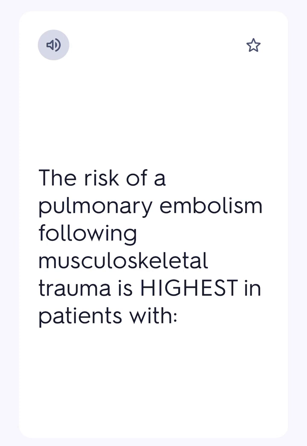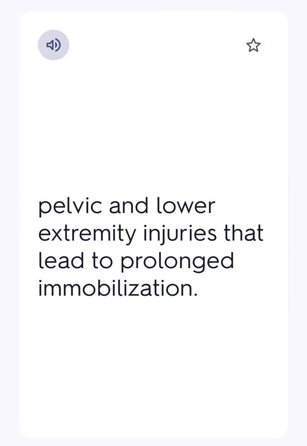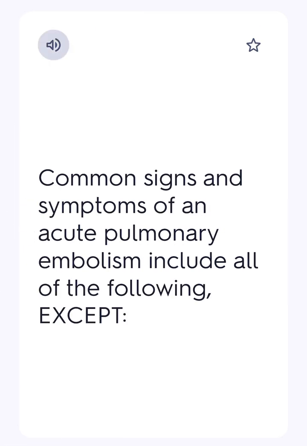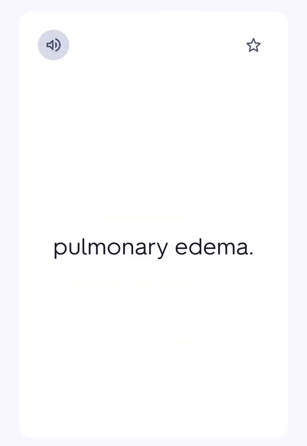The risk of a pulmonary embolism following musculoskeletal trauma is highest in patients with pelvic and lower extremity injuries that lead to prolonged immobilization. Common signs and symptoms of an acute pulmonary embolism include all of the following, except pulmonary edema.